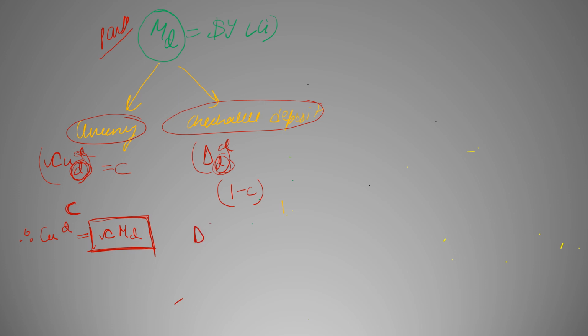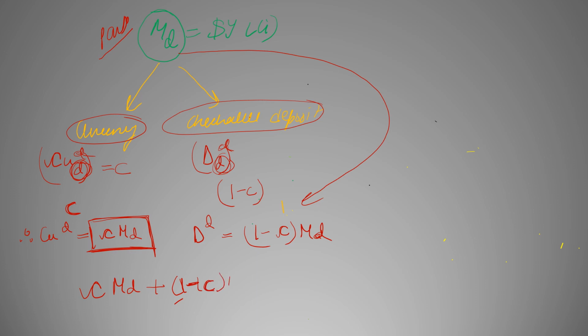Now DD required equals (1 minus C) times MD, which denotes the part of money demand that is in the form of checkable deposits, right? So C times MD plus (1 minus C) times MD is equal to C times MD plus MD minus C times MD, which is equal to MD.